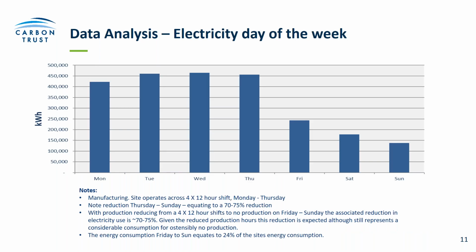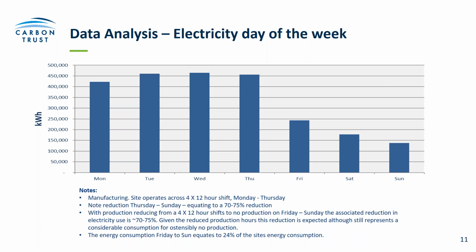some of the very basic analysis would be just this one, for electricity consumption over the day of the week. As you can see, they've got 4 12-hour shifts, Monday to Thursday. That looks about right. Then you can see where the consumption's dropping when they aren't producing anything.